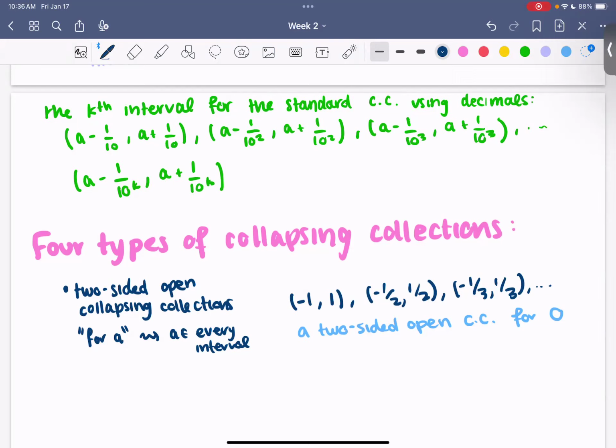Okay, so closed collapsing collections for A. So this would just mean that your intervals themselves are closed. So here's an example of a closed collapsing collection for 0.